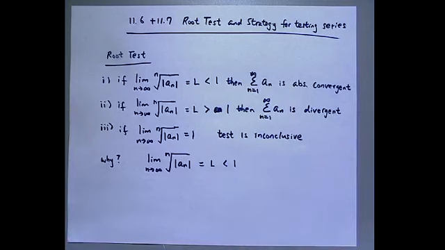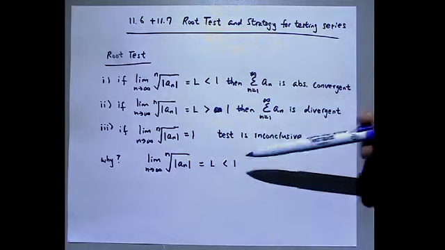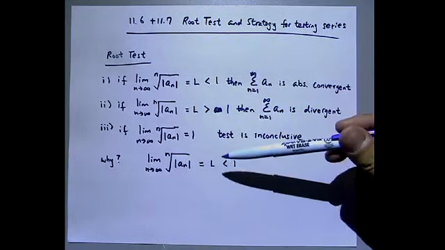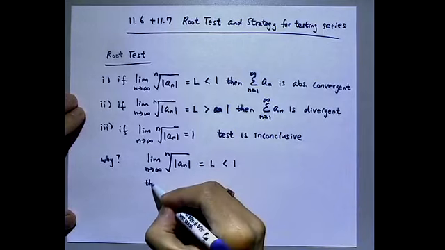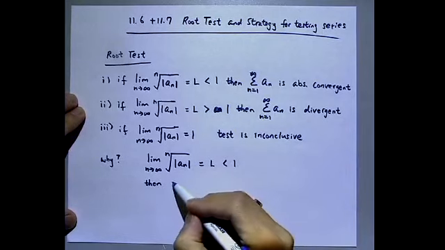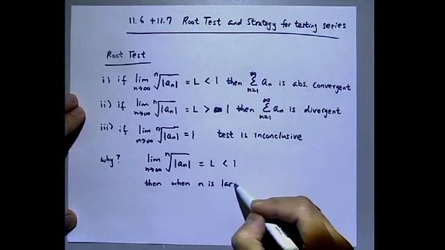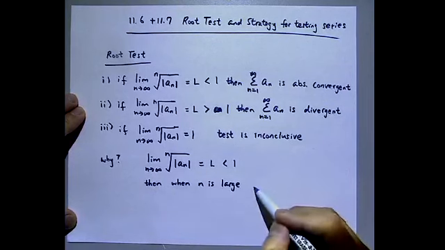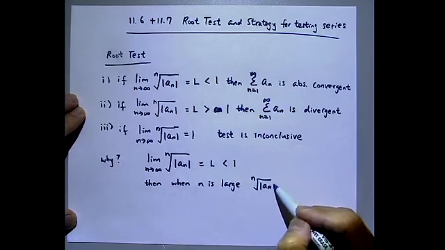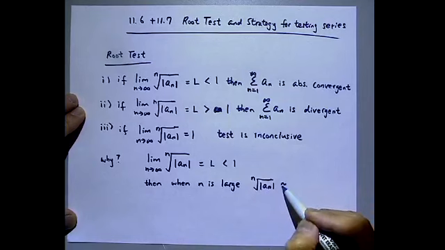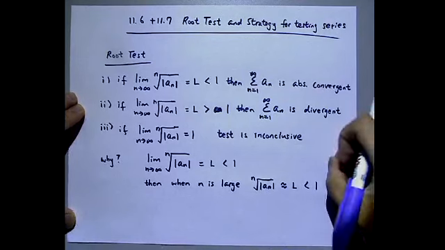So if this is true, it's saying that if you take n to be large enough, this eventually approaches a finite number that is less than 1. Okay, so when n is large, the nth root of the absolute value of a_n is roughly equal to whatever that limit is, which is less than 1, right?